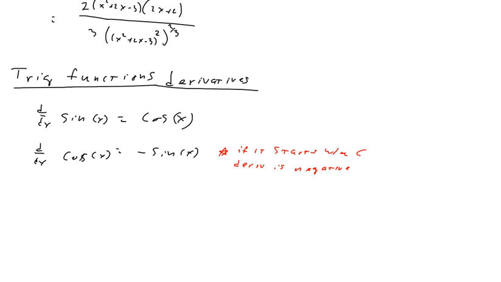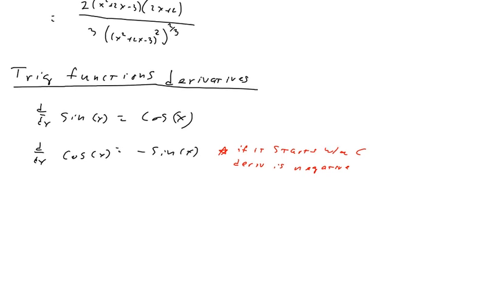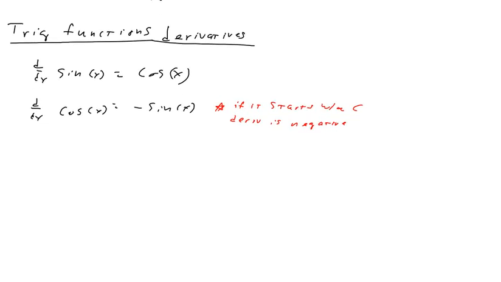Let's look at tangent now. The derivative of tangent of x is secant squared of x. The derivative of tangent is secant squared. So we're going to kind of learn some connections here. We know that tangent is connected to secant.